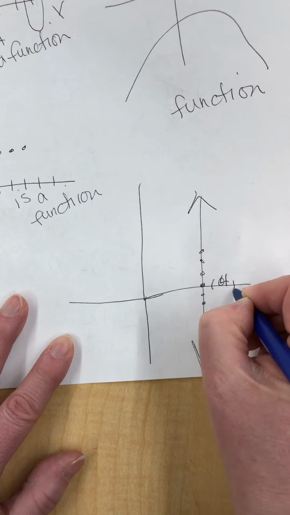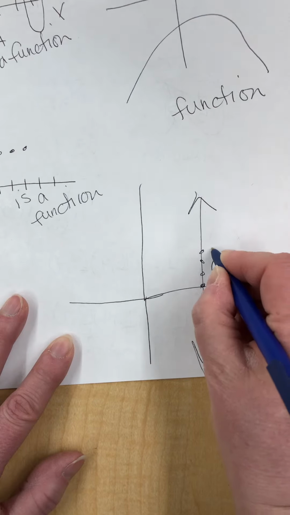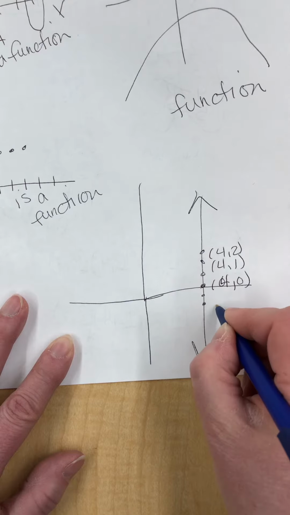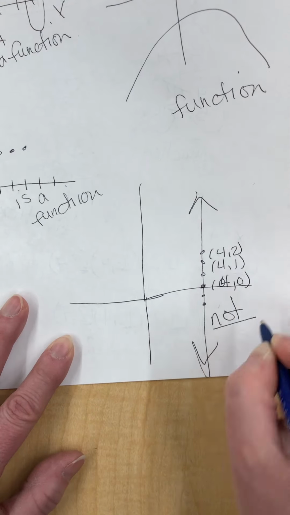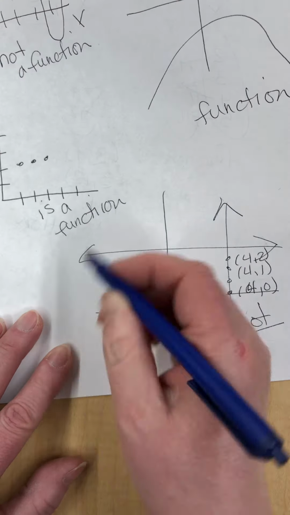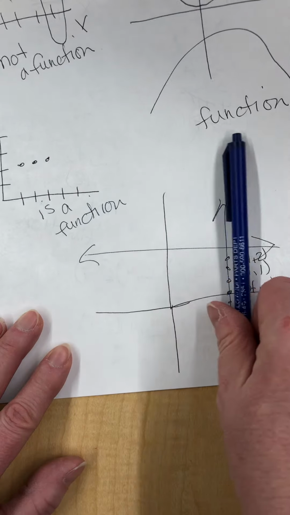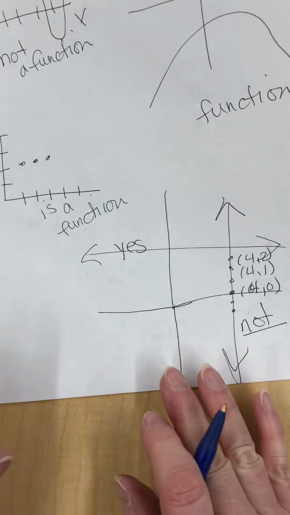You have your x is 4, 1, 4, 2. So you have repeating. So if you have a vertical line, not a function. If you have a horizontal line, this is a function because you still have 1 point all the way across. So this is a yes for this one.